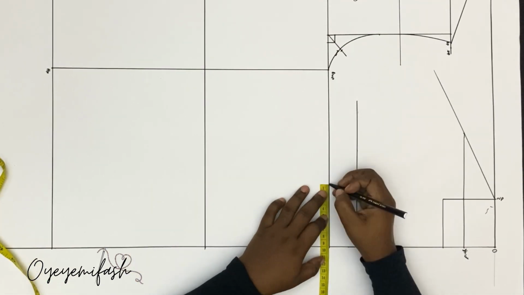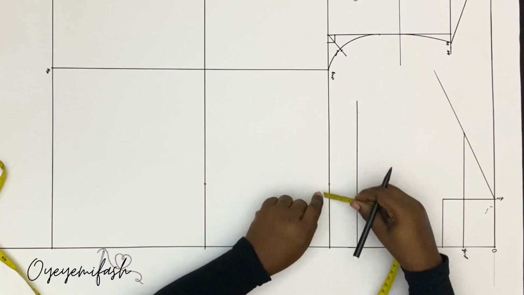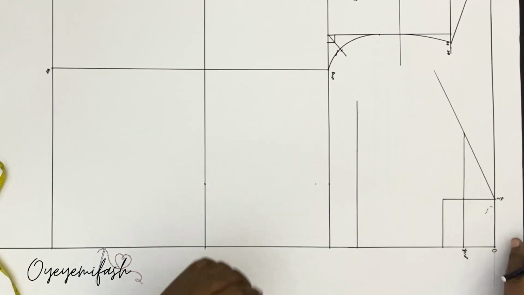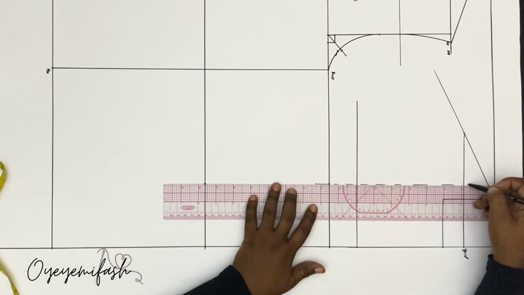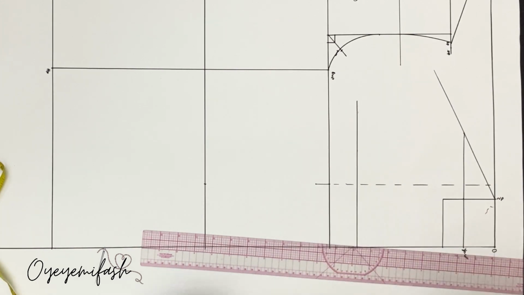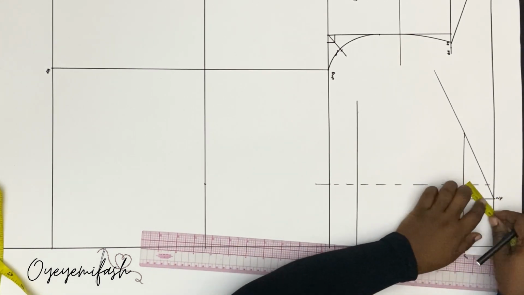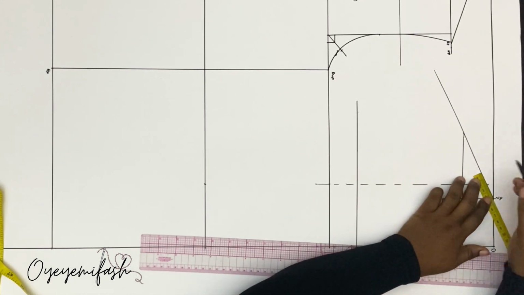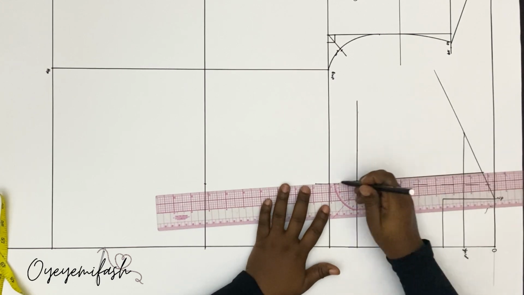Mark half of the nipple to nipple measurement on both the bust line and the waistline. From a point 2 centimeters below the nipple point on the bust line, draw a short guideline towards the top line. Where the guideline touches the new shoulder line, measure 2 centimeters away and draw the first dart leg from that point to the point 2 centimeters below the bust line.